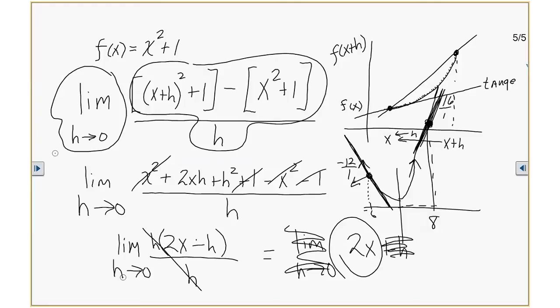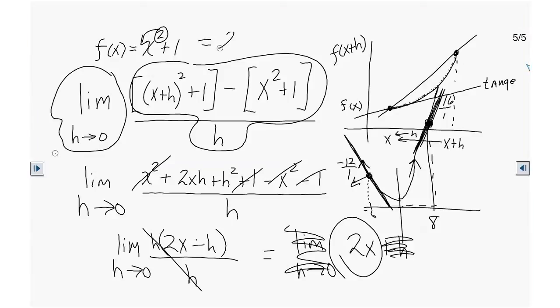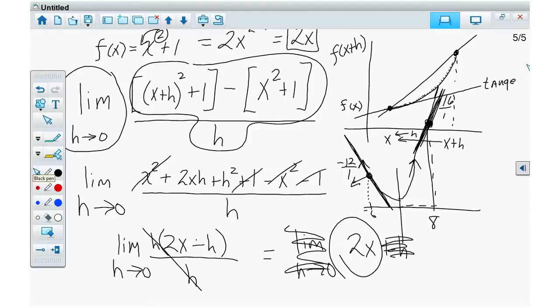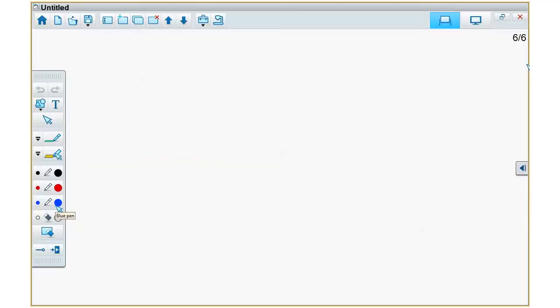Or you could just use your basic law of derivatives, which is 2x. Okay, that's your basic law of derivatives. What's your other derivative laws? There's 3 of them, 3 main ones.